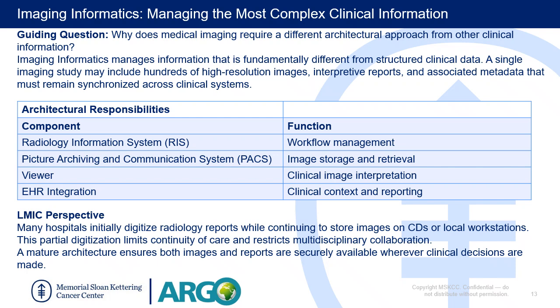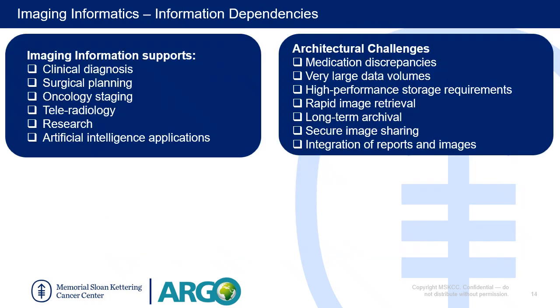So a mature architecture ensures that both the images and the reports are available whenever clinical decisions are made. Just like the other systems, the information dependencies here also exist, right? So the imaging information supports the clinical diagnosis, the surgical planning, oncology staging, and all the rest of it.